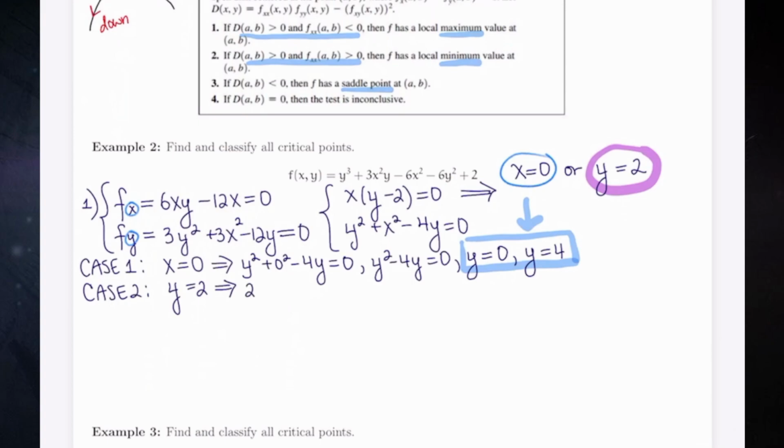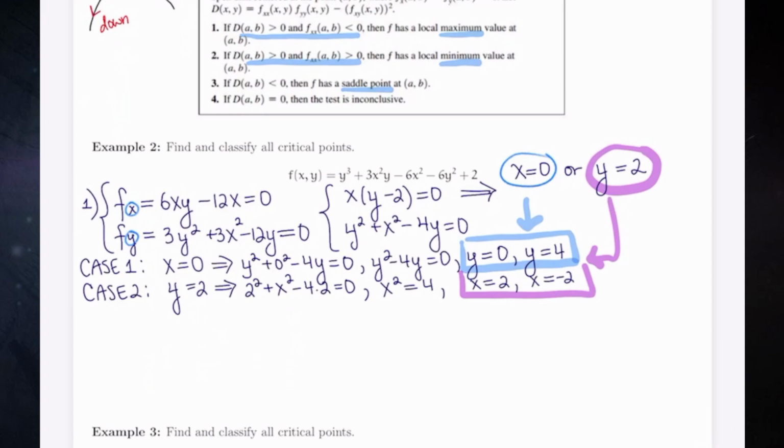So that gives us 2 squared plus x squared minus 4 times 2 is equal to 0. And once you do all the arithmetic, we get that x squared is equal to 4. So from here, x is either positive 2 or negative 2. And this solution goes with y is equal to 2.